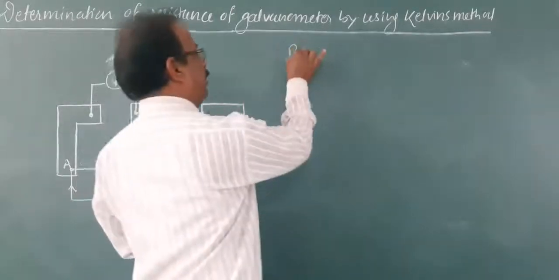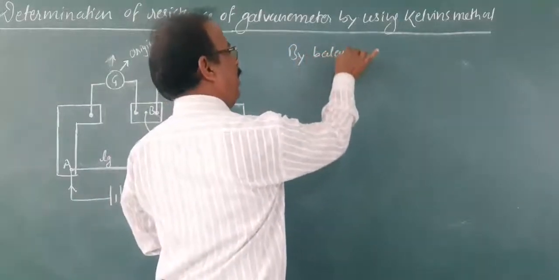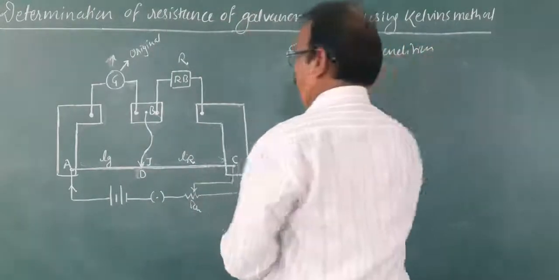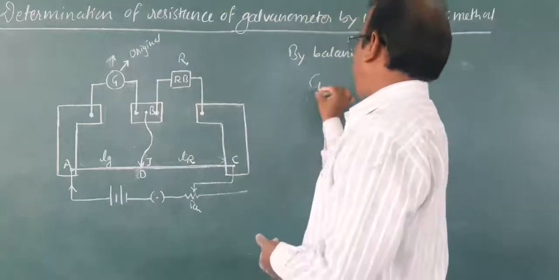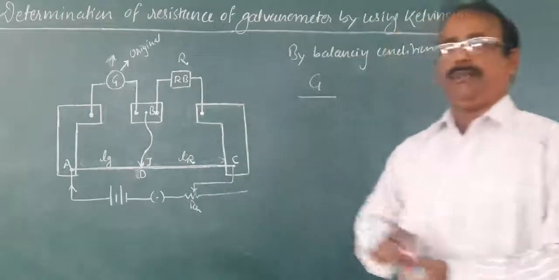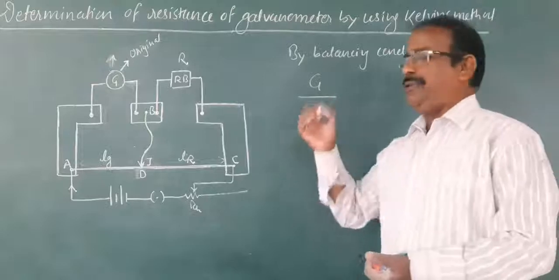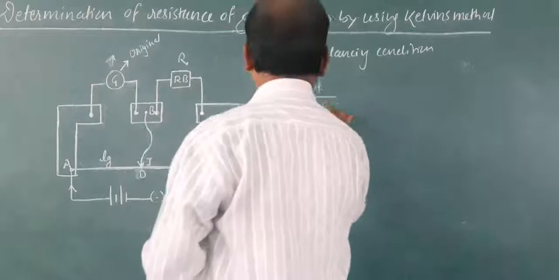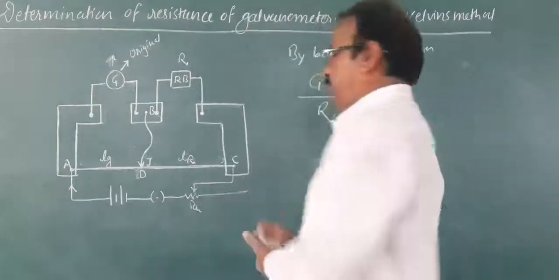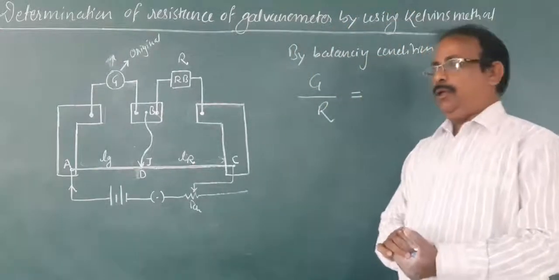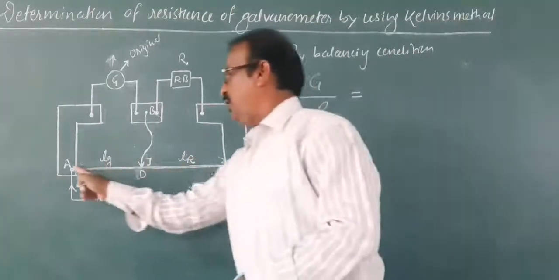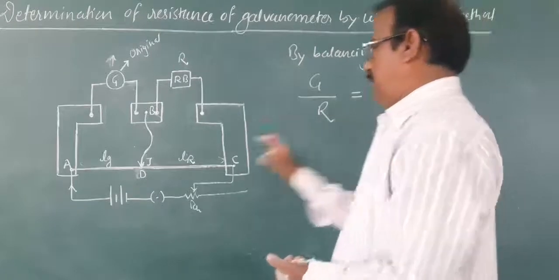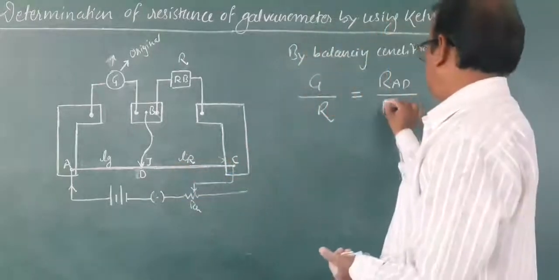By balancing condition, we can write resistance in AB branch, which is nothing but resistance of that galvanometer, denoted by G, upon resistance in BC branch, which is known resistance, capital R, is equal to resistance of this part of the wire upon resistance of this part of the wire.